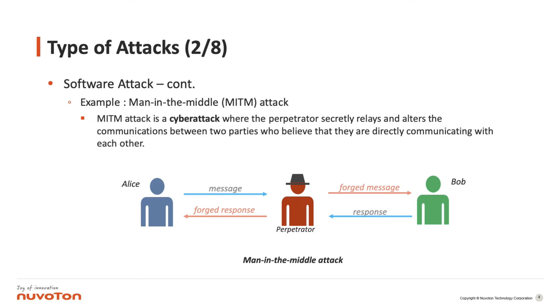If the network protocol has no protection against fraud, the perpetrator can use interception and counterfeiting techniques to make users at both ends of the network connection think they are communicating with the original user. In fact, all transmitted messages will pass through the perpetrator. This is the attack method that exploits vulnerabilities in software protocols.